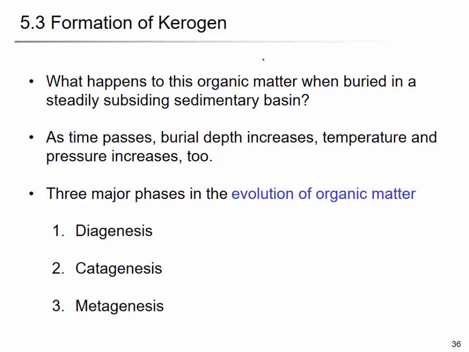So what happens to this organic matter when buried in a steadily subsiding sedimentary basin? As time passes, burial depth increases, and temperature and pressure increase too. So this organic matter will go through these three processes and it becomes the hydrocarbon: diagenesis, catagenesis, and metagenesis.